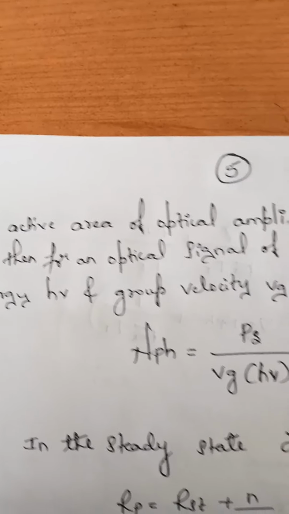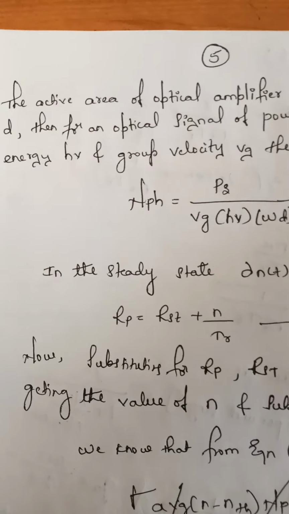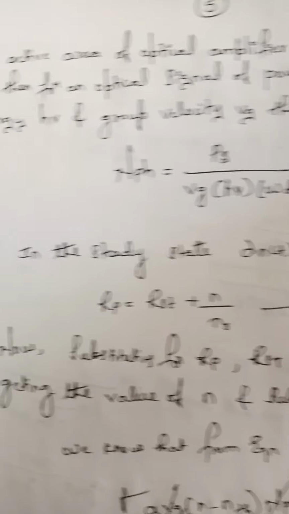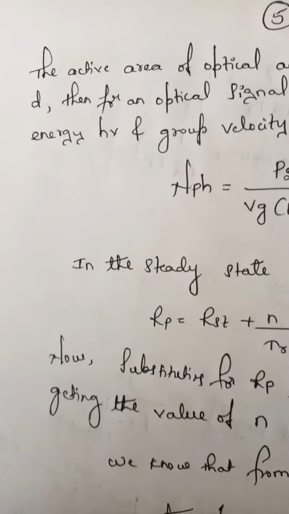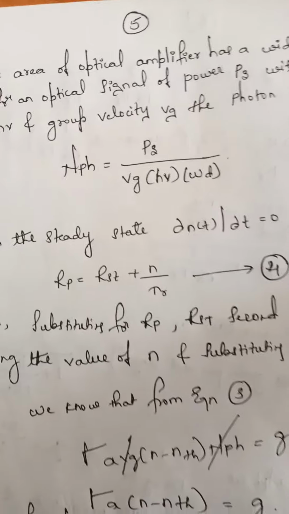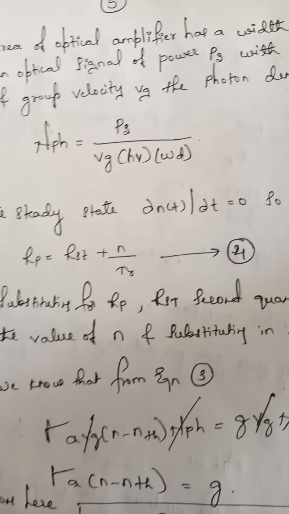The active layer of the optical amplifier, where the photons are emitted, has a width W and a thickness d. Then for an optical signal of power Ps with photons of energy hv and group velocity Vg, the photon density is given by Nph equal to Ps/(Vg hv W d).